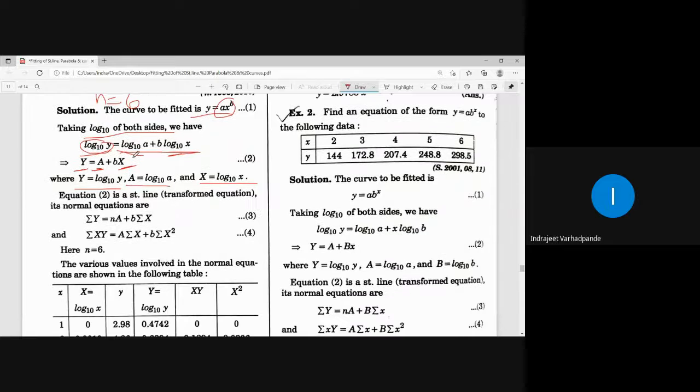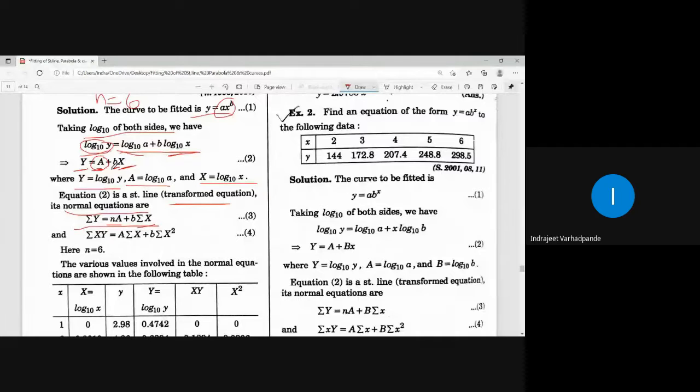Now I have to generate the normal equations. It is a straight line, which is a transformed equation. The normal equations are: what is the coefficient of the constant capital A? 1. Multiply throughout by 1 and take the summation. So it will give you summation Y is equal to n into A plus b into summation X. The second constant is small b.